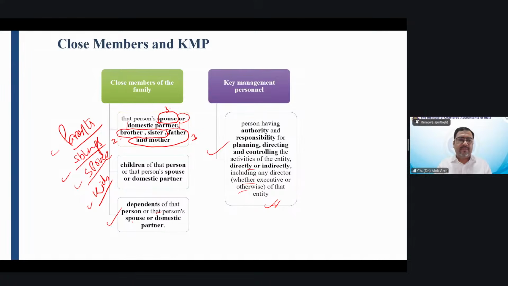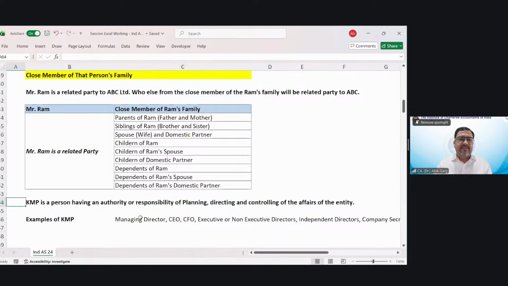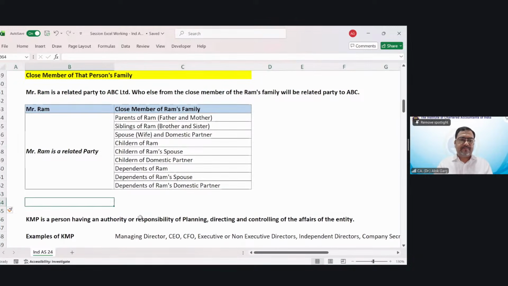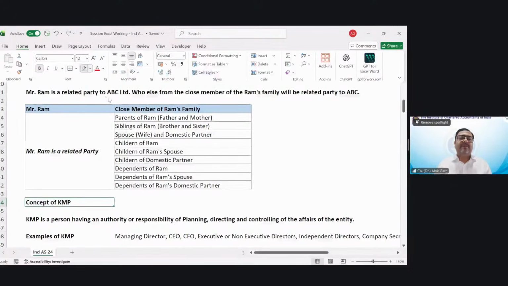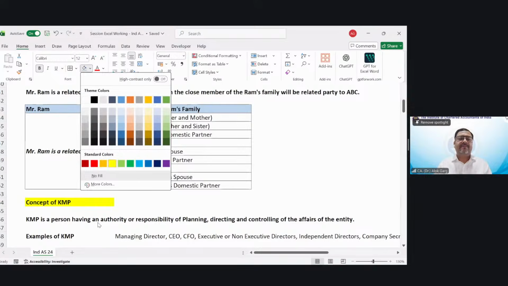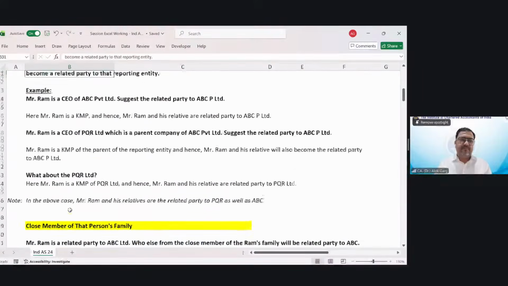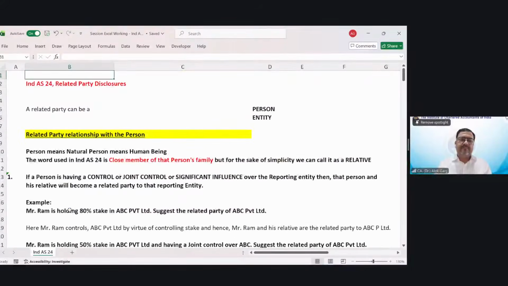Oh, I'm sorry. Yes, I'm sorry. Is it visible now? Concept of KMP. Okay, friends.